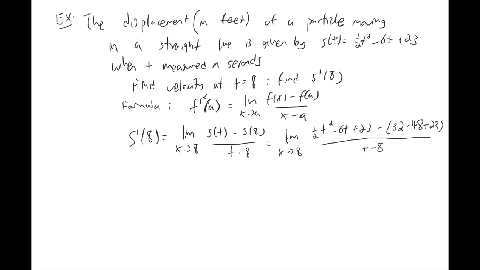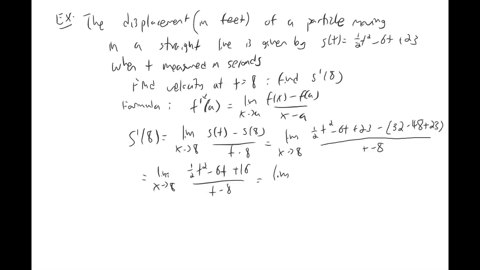Over t minus 8. From here, you know how to solve limits, so use your ability. The 23s cancel, and then negative 32 plus 48 is 16, so we get 1/2 t squared minus 6t plus 16 over t minus 8.